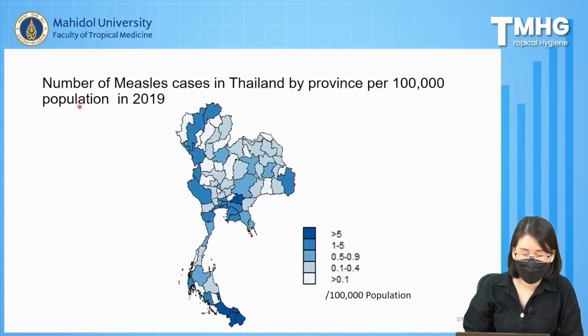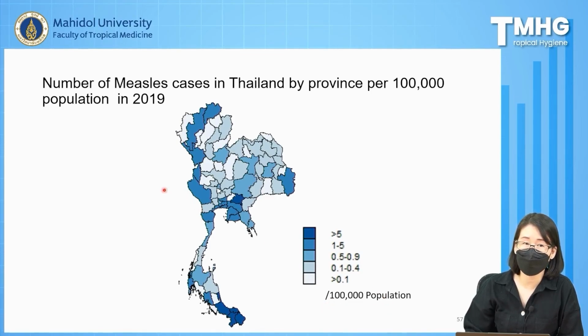And this shows the number of measles cases in Thailand. This is density, by 1,000 population.